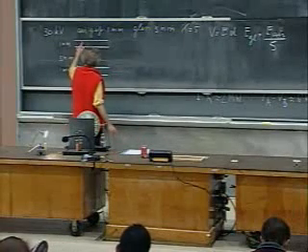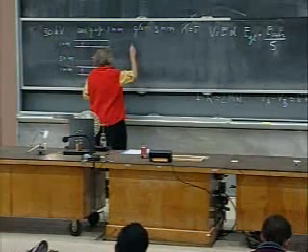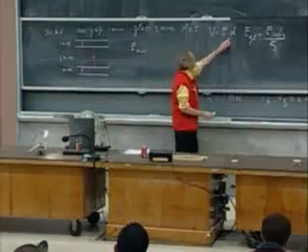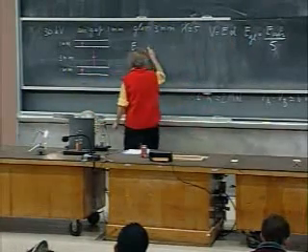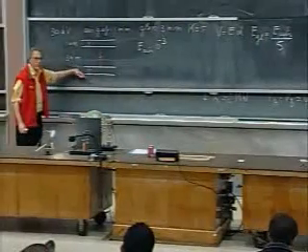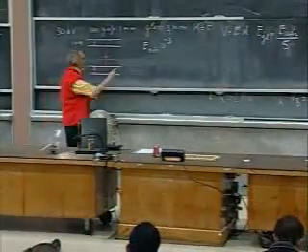I first go over this gap, and so I get E in the air times that distance, D, which is 1 millimeter. But of course, later on, I have to go through this gap again, so I'll multiply it by 2 now.